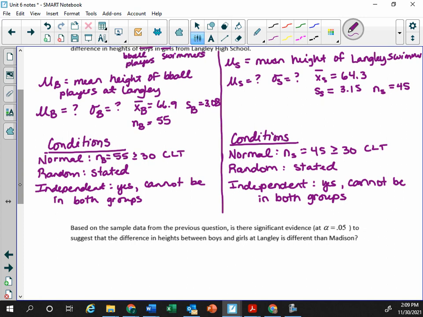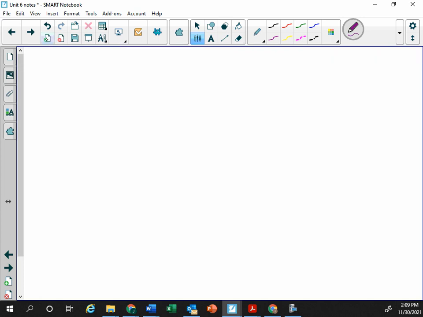Okay. We're gonna write out the formula, but we're gonna do this on our calculator, okay? So I'll move over here where I have a little more room. They're asking for a 95% confidence interval. So the formula would be the mean, your X bar of the basketball players minus the X bar of the swimmers, plus or minus a critical T. Everybody okay with why this is a critical T and not a Z type of interval?